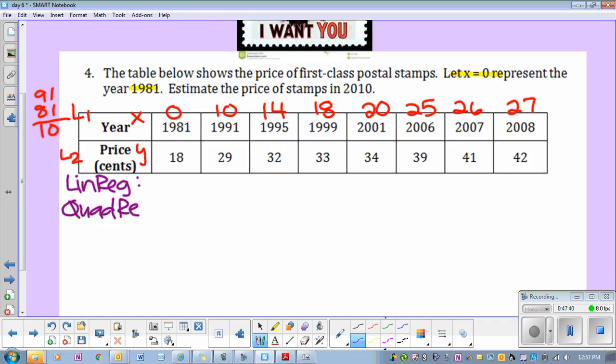So then you want to have the lin reg, 0.98. What is the quad reg? 0.97. Okay, so 0.98 is the one that we want to go with then, right? Lin reg. So what is the equation?